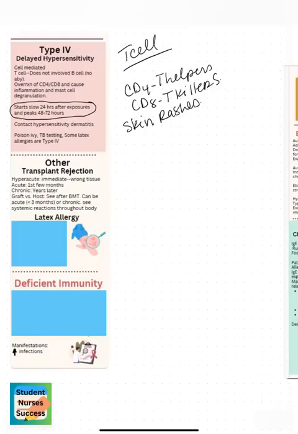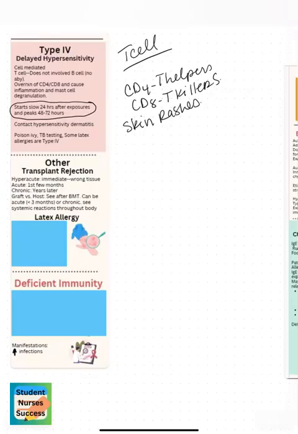But acute transplant rejection usually occurs within the first few months of transplant. Chronic transplant rejection is longer. It takes years and it's kind of a low level chronic inflammation. So sometimes you put a kidney in and 10, 15 years later, it goes bad. It's from maybe a chronic rejection.